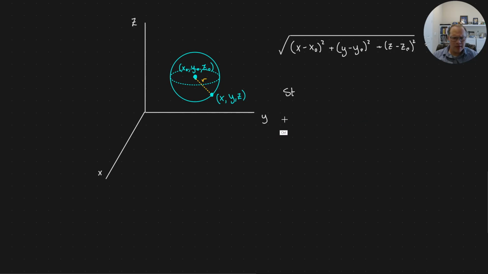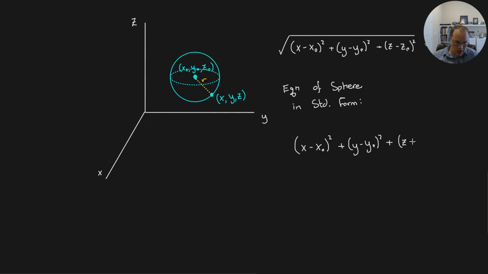Let me put it that way. x minus x naught squared plus y minus y naught squared plus z minus z naught squared equals r squared, where the center of the sphere is x naught, y naught, z naught, and the radius of the sphere is r.